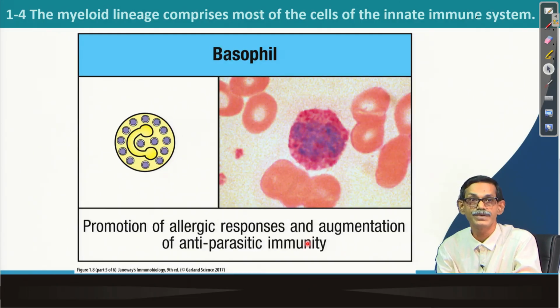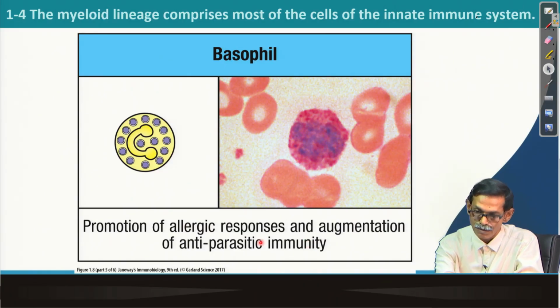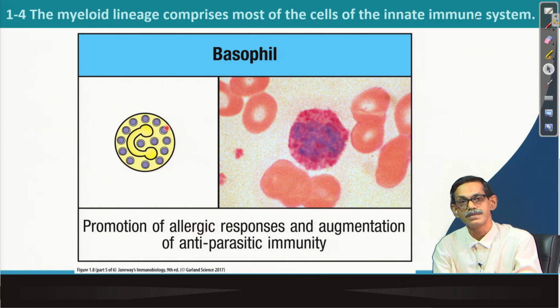Then there is the basophil, which promotes allergic response and augments antiparasitic immunity. Okay. So, in the basophil you can see there are a lot of vesicles, and these vesicles contain different chemicals which are used to show this immunity.